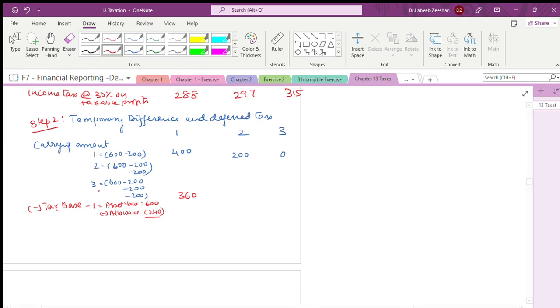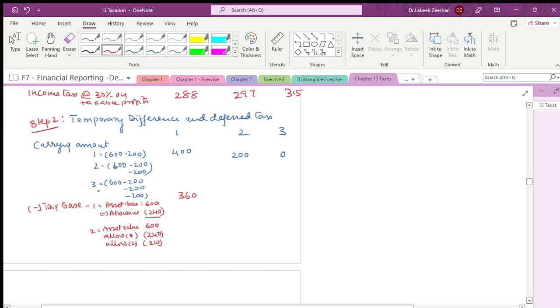Fine. Next, for year 2, the asset value is 600. The allowance for the first year is 240. The allowance for the second year is 210.